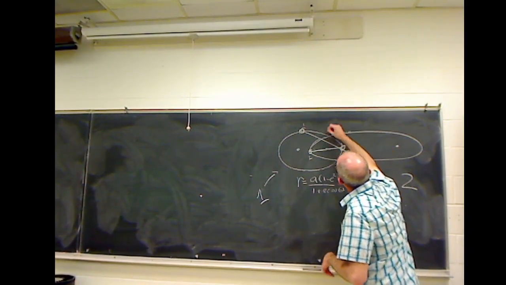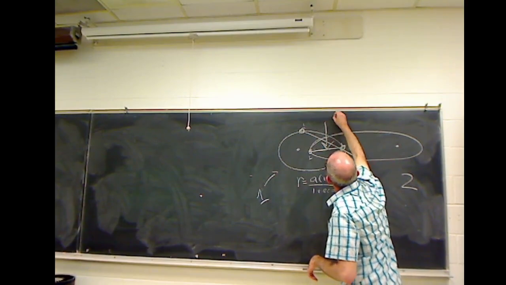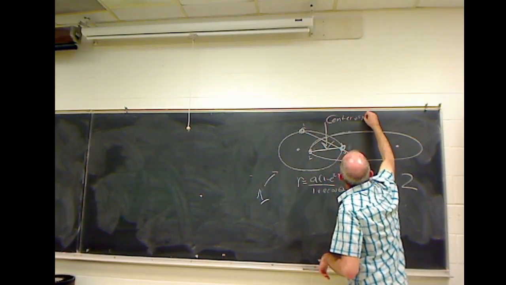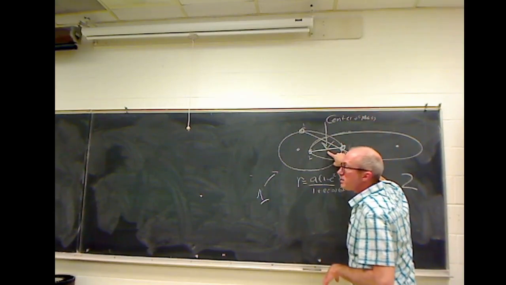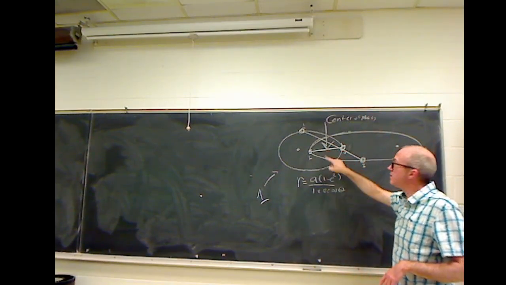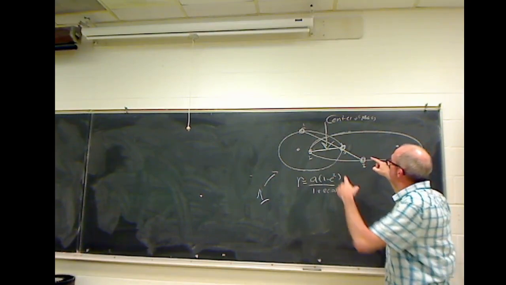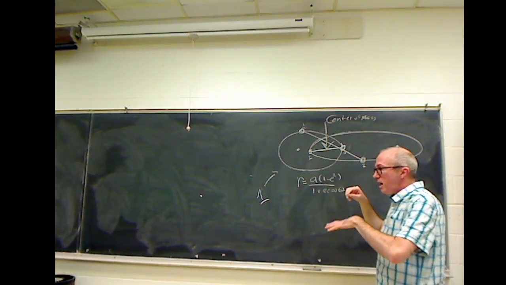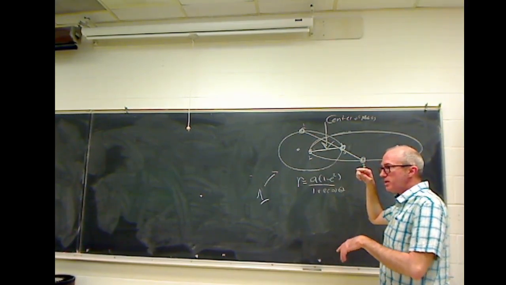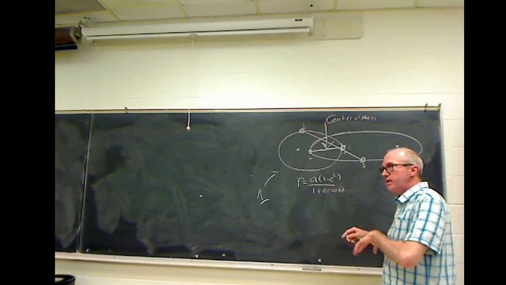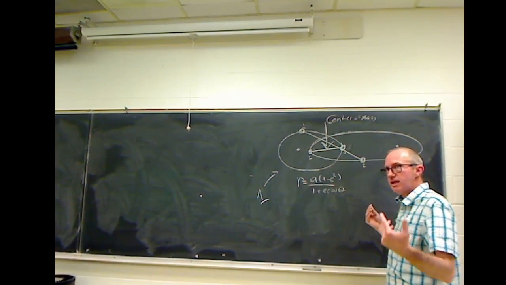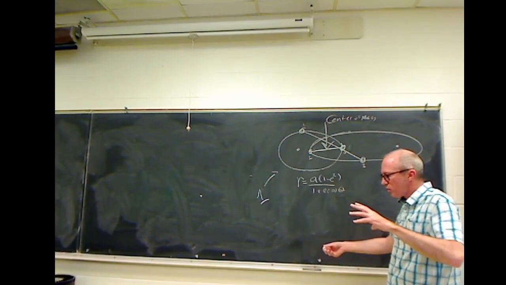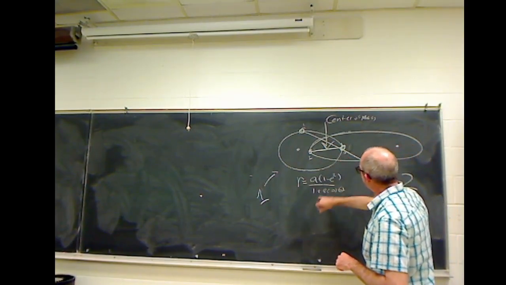The center of mass is at this focus, at one of the focuses. So we can treat this problem as two bodies orbiting the center of mass, or one object with a reduced mass orbiting the total mass at a fixed radius. It works out to be the same math, but going backwards is hard. So we did all this math.